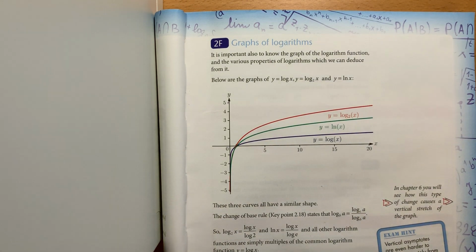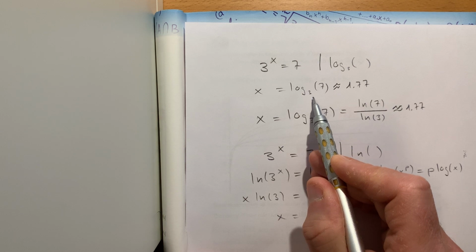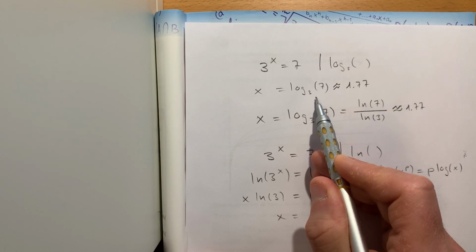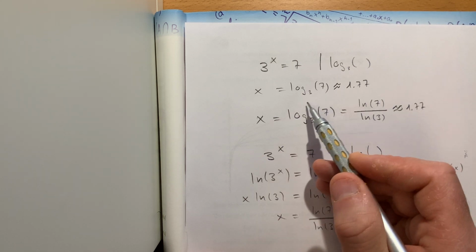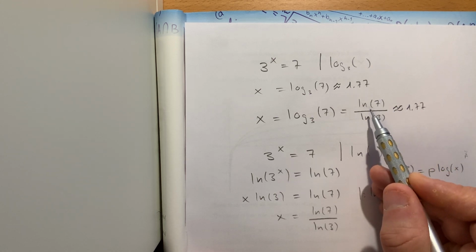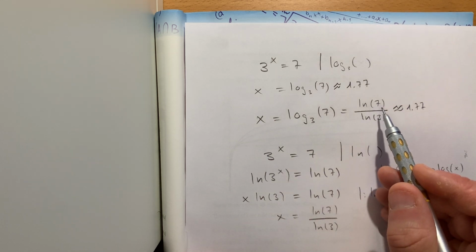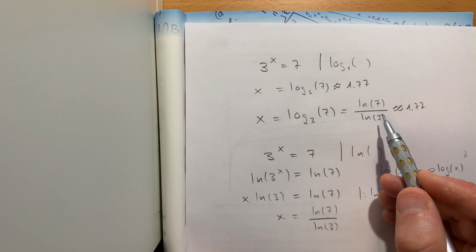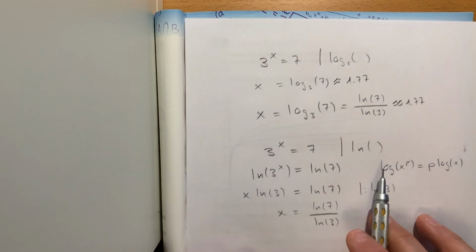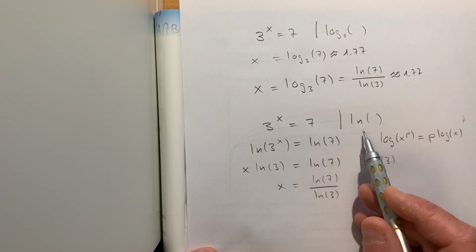And when you're stuck at something like this, you don't have that very special key on your calculator, then you're not stuck, because you could use the change of base rule and use whichever logarithm key you have. You at least need one, either the log to the base of 10 or the ln key, or whichever key you want. Or you could do it more naturally and just use the natural logarithm.